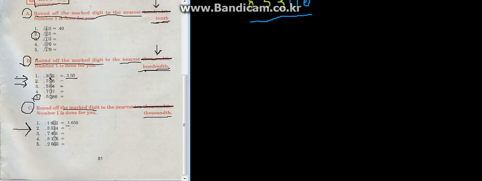And the answer for number 1 will be 1,650 over 10,000. Please fix your book. We have to round off the circled digit to the nearest thousand. I'll work with number 2 here, and I'll write that down on the black screen.